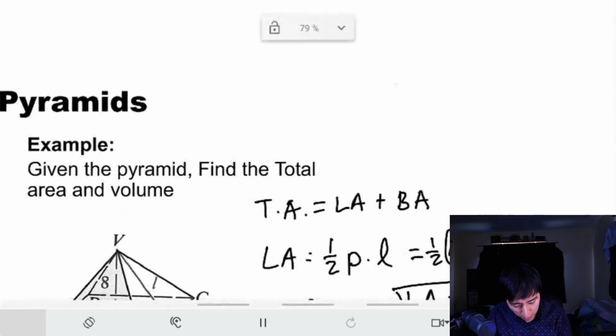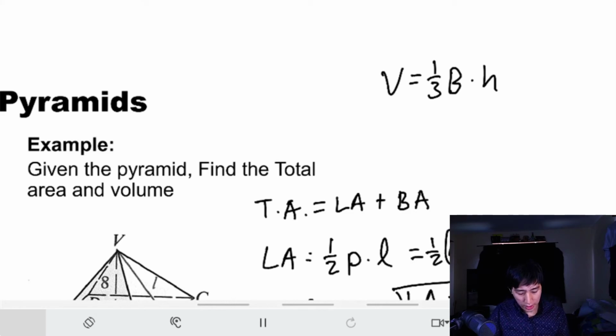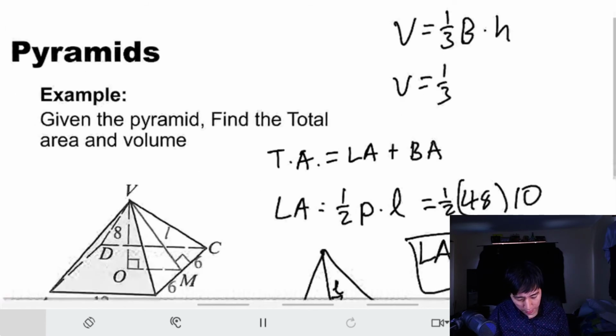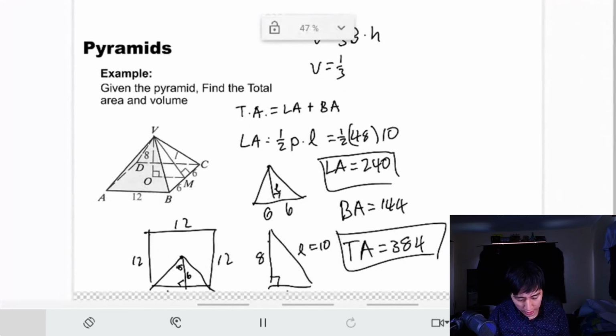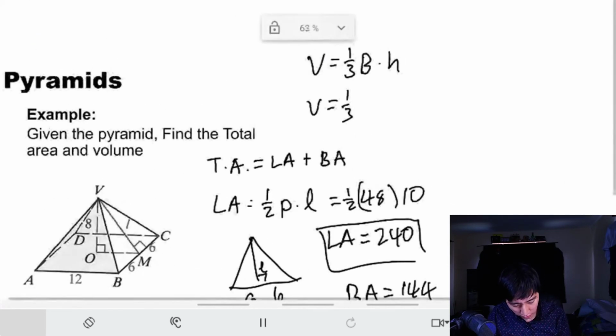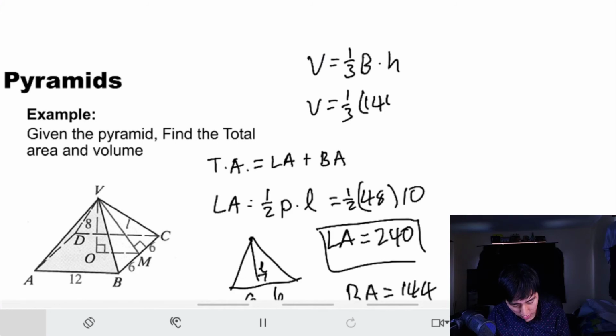Now if you remember, my volume equals 1/3 area of the base times my height. So again, volume equals 1/3 area of the base. Now my area of the base is very simple. Again, it's just 12 times 12, which is 144, times my height, and my height in this case is 8.